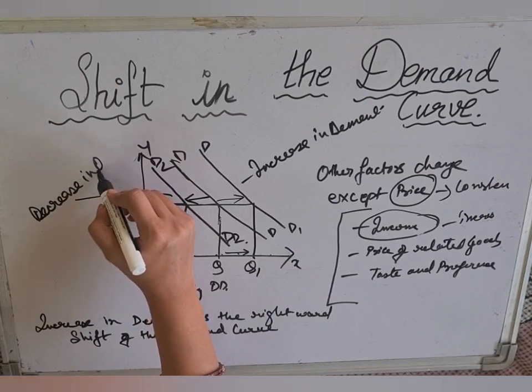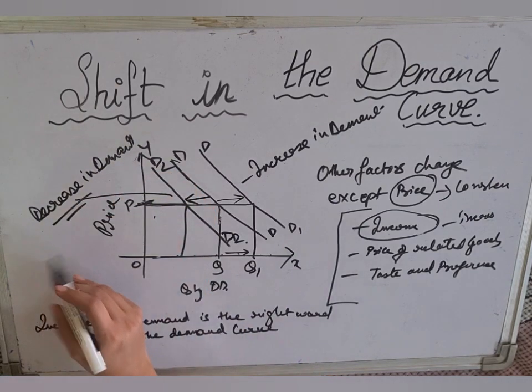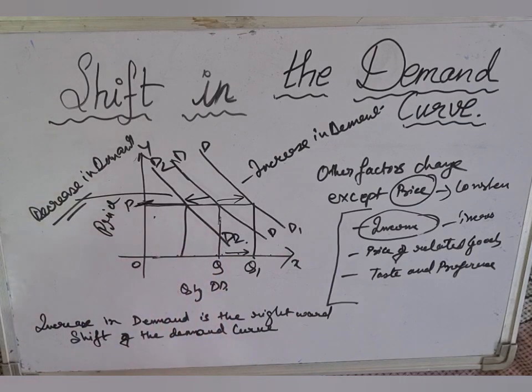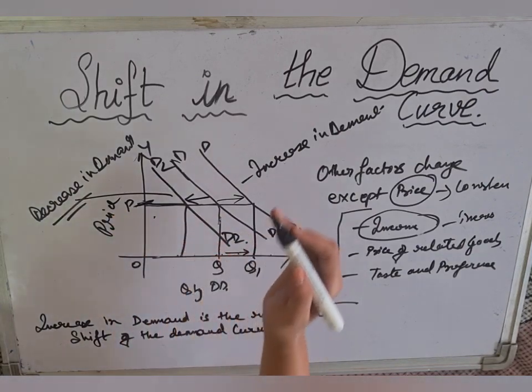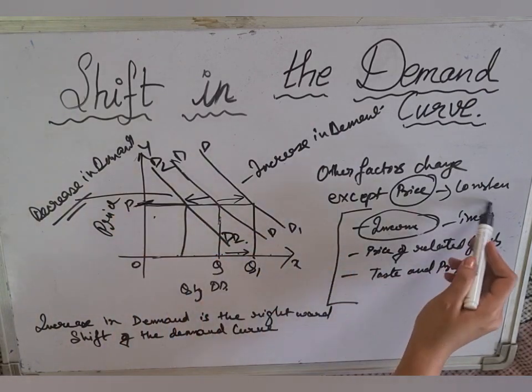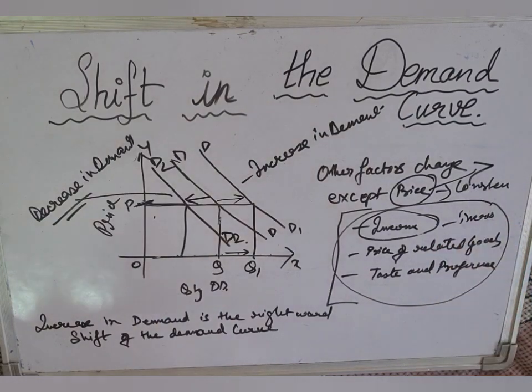This occurs due to a fall in your income, or a change in any factor other than the price. So the demand curve can shift to the left or can shift to the right, because of the change in factors other than the price.